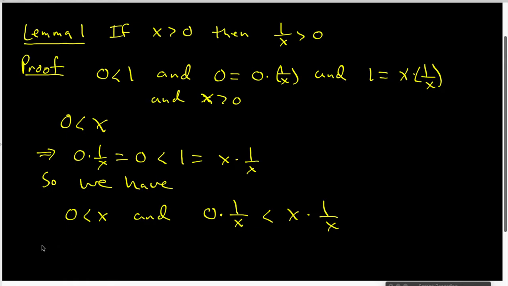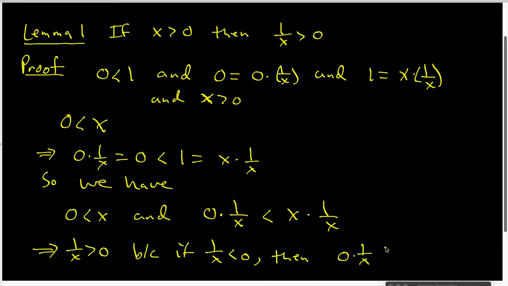Now, that is enough to say that 1 over x must be bigger than 0, because if 1 over x were less than 0, then 0 times 1 over x would have to be bigger than x times 1 over x. And this didn't happen. This would be 0 is bigger than 1, which is nonsense. And because this can't happen, we must have 1 over x is indeed positive. So that ends the proof of the first lemma.